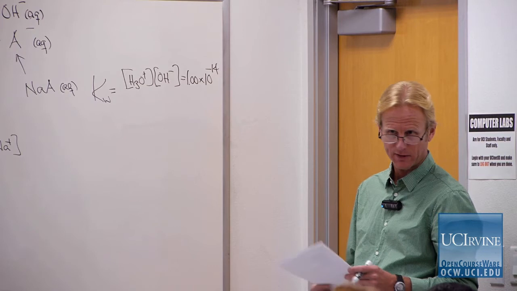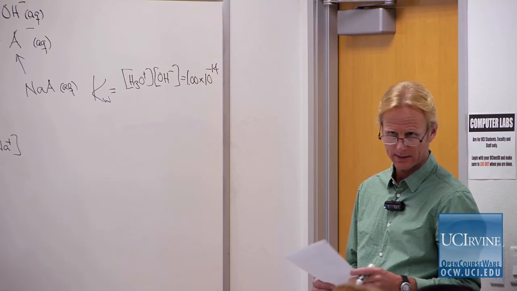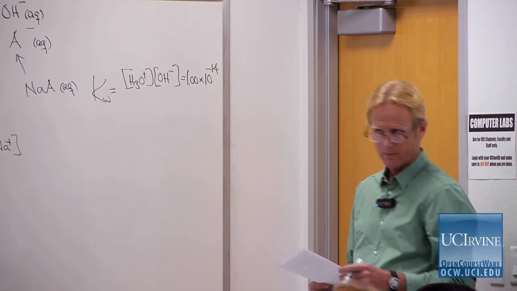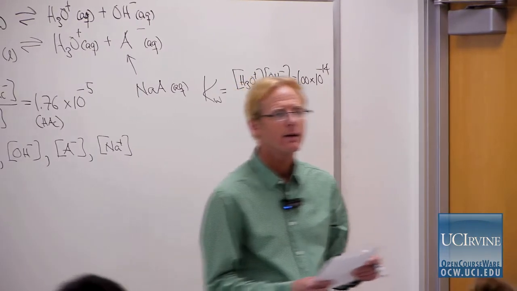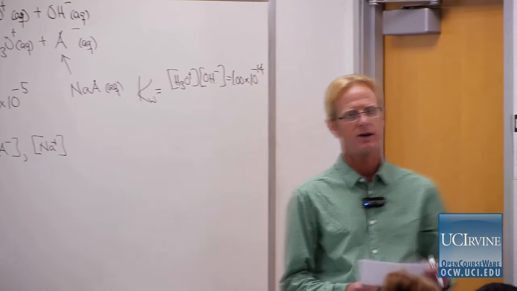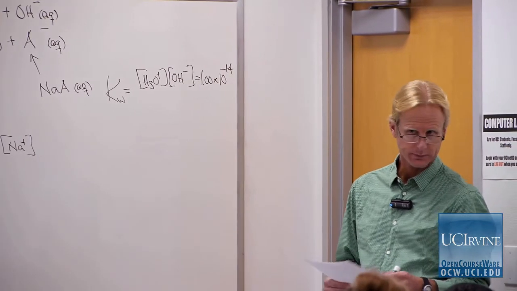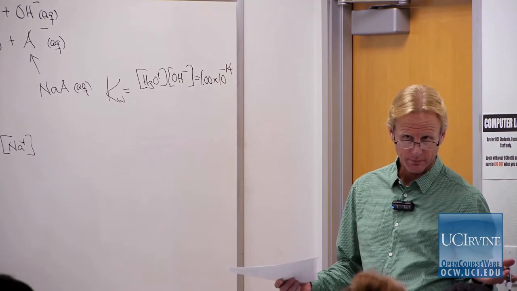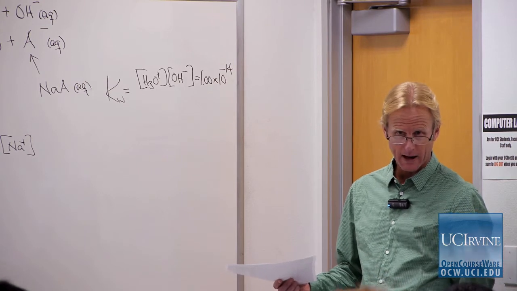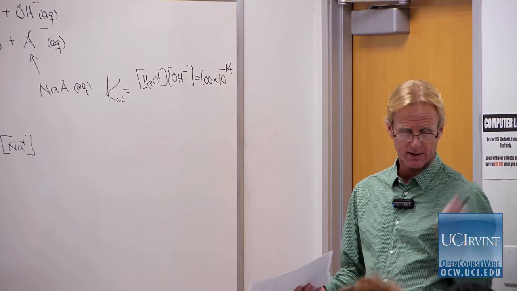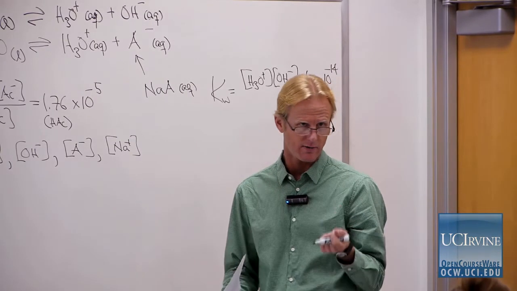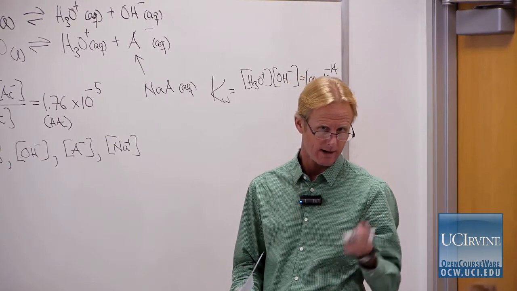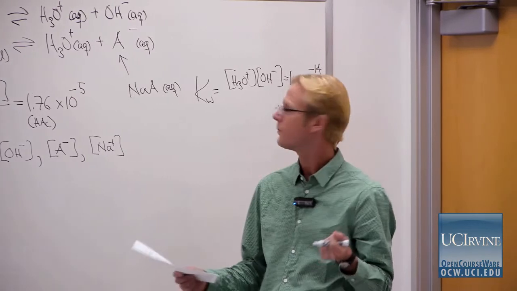Anybody from Chem 151 remember what to do next? Well, one thing we know is that the total charge has to be 0. Correct? And what that means is the sum of the concentrations of all the cations has to equal the sum of the concentrations of all the anions. Right? Okay.